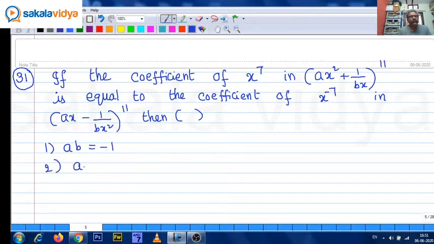Second option, a equals b. Third option, ab equals 1. Fourth, a plus b equals 0.